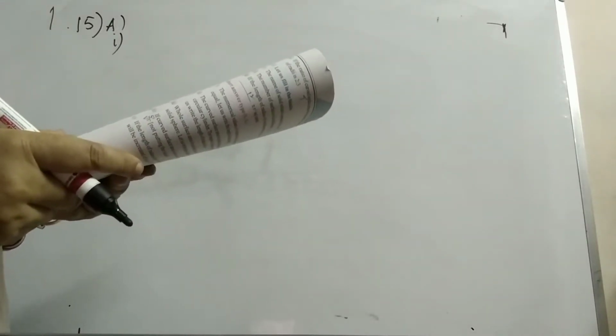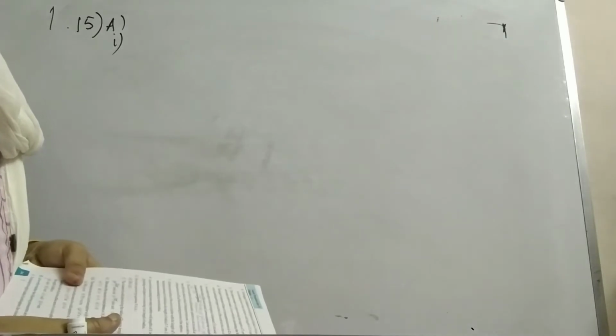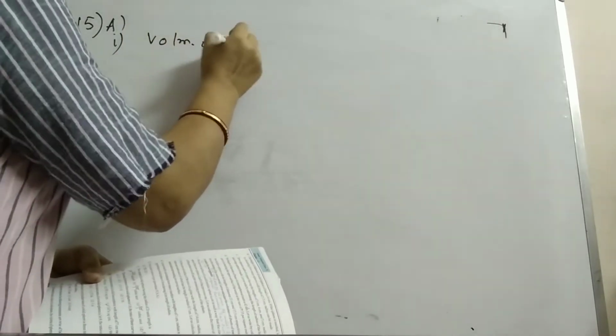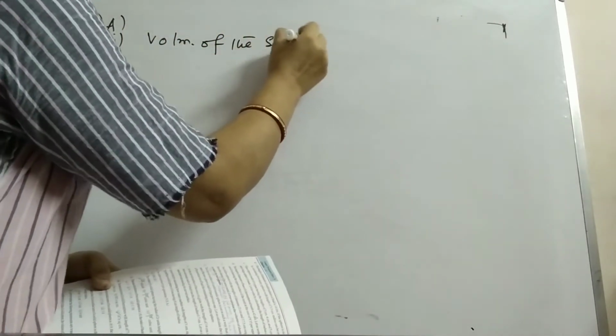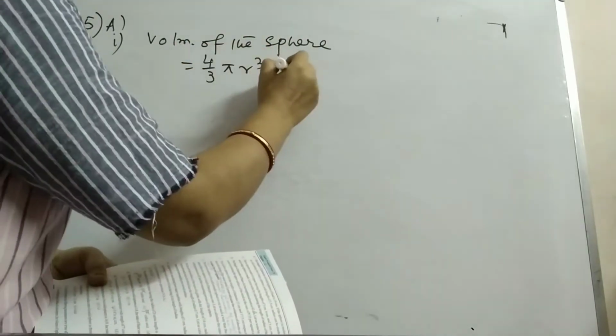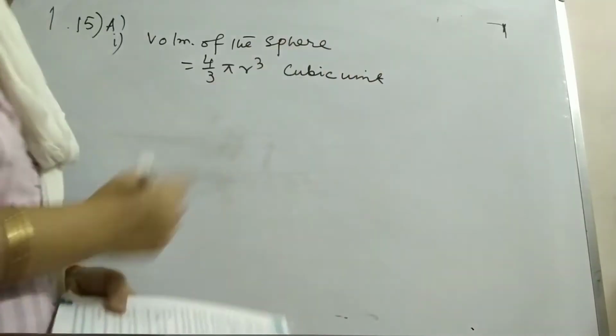A1. The volume of a solid sphere having the radius of 2r units length is what? I know the volume of the sphere equals 4 by 3 pi r cube cubic unit.